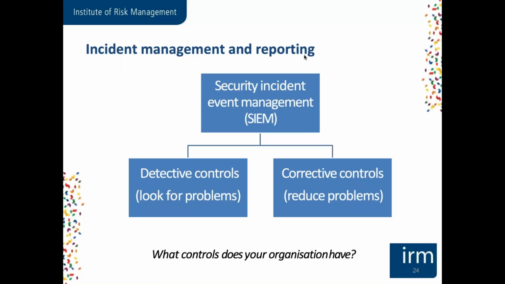We cover, of course, incident management and reporting. So security incident event management covering from both sides, so the detective controls, looking for problems, and corrective controls, reducing problems. And again, in reality, just thinking about the spectrum on which these issues can occur, and in terms of timeframes, and whether one needs to look back or indeed look forwards, or ideally both.